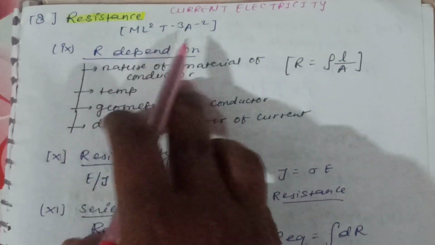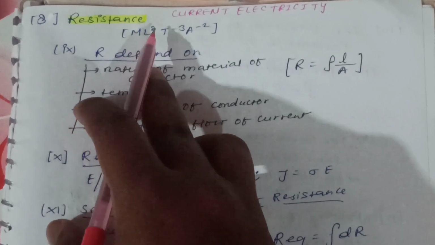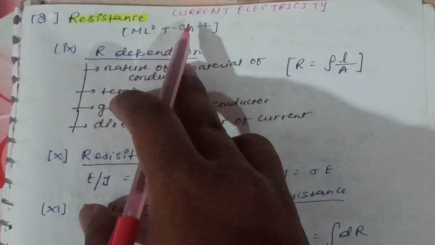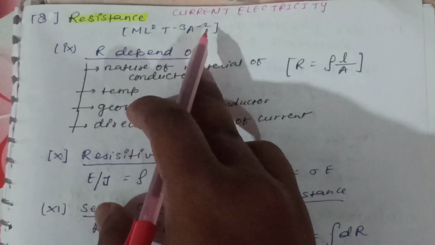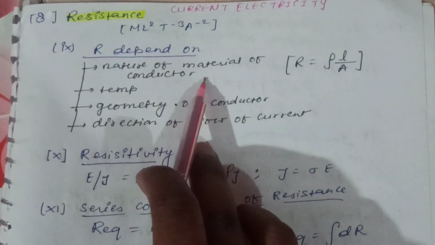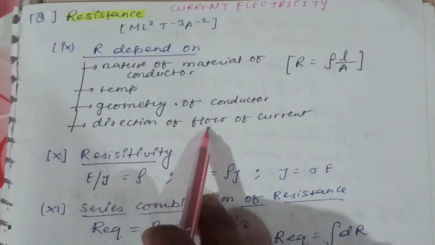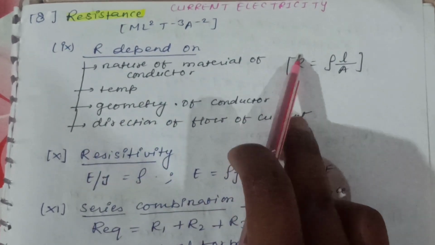Resistance (ml square t to the power minus 3 a to the power minus 2) R depends on the nature of the material of the conductor, temperature, geometry of the conductor, and the direction of flow of current.